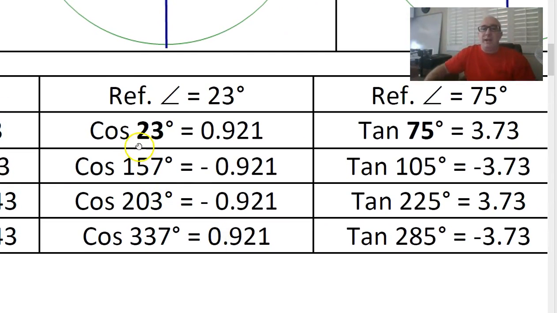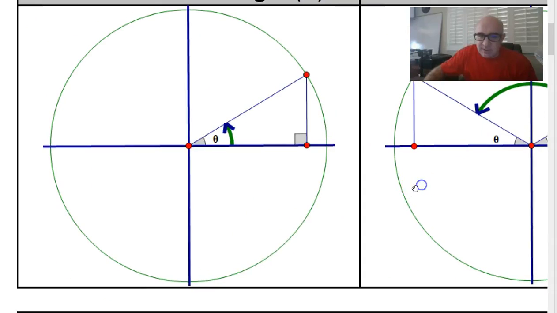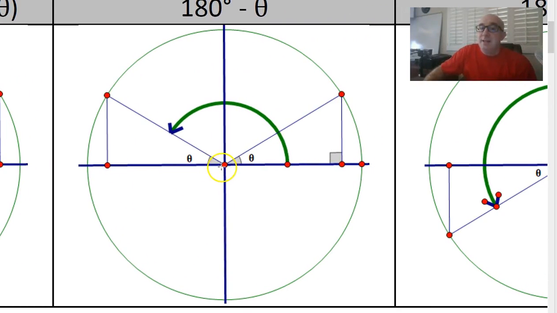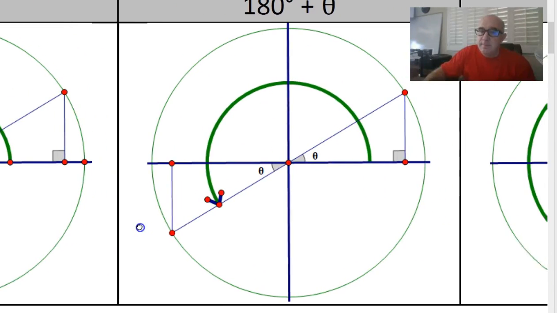Now let's see what happens to cosine. Here are 4 angles that make up the same values, and this is the cosine value. In quadrant 1 it was positive, in quadrant 2 it's negative, in quadrant 3 it's negative, and in quadrant 4 it's positive. Let's look at each of those. Adjacent, which is the x value, is positive over positive. Got it? Now watch. The adjacent is negative here, and so that's why cosine is negative in this quadrant.